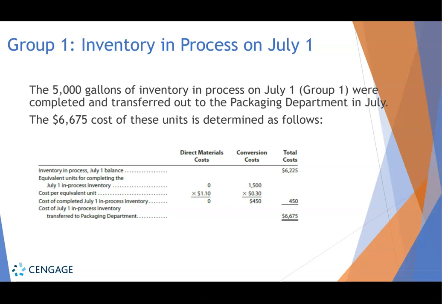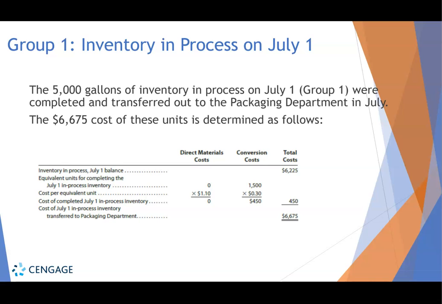Since there weren't any direct materials added in July, because the material costs were all added in June, there is nothing for direct materials in July. So the cost of the 5,000 gallons in process on July 1st gets transferred to the packaging department, and that total amount is $6,675.